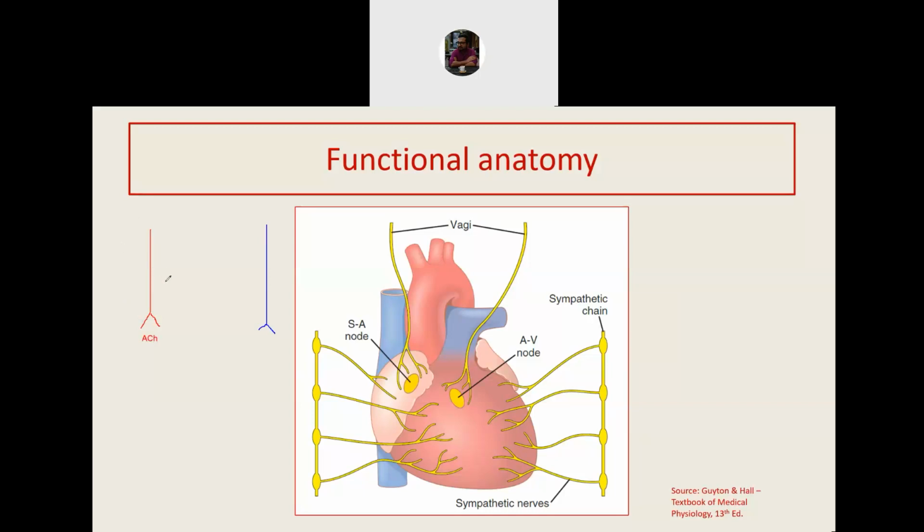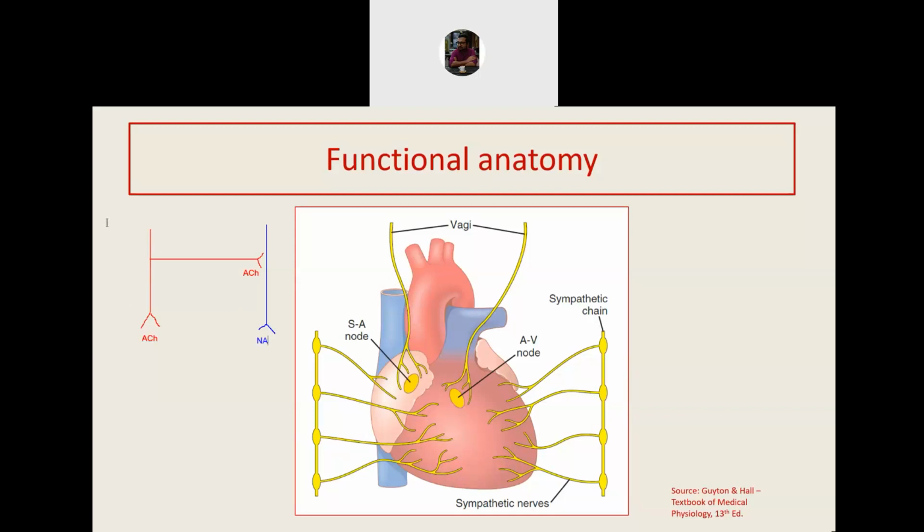And these branches interact with the sympathetic nerve presynaptically, that is, even before they have started secretion. Here also it secretes acetylcholine and it has a form of a reciprocal inhibition. It inhibits the release of noradrenaline from the sympathetic nerve fibers. So acetylcholine will act both synaptically as well as presynaptically.